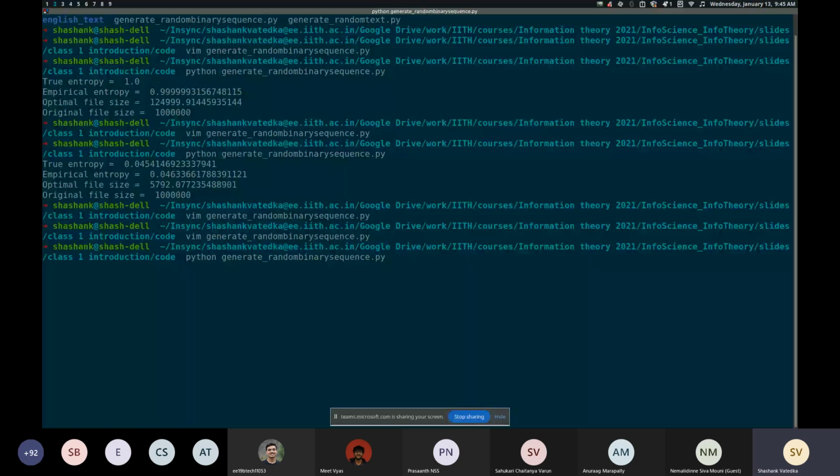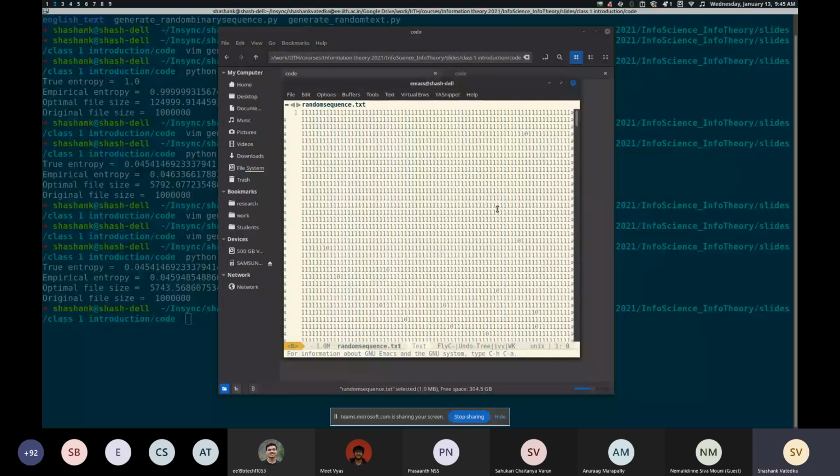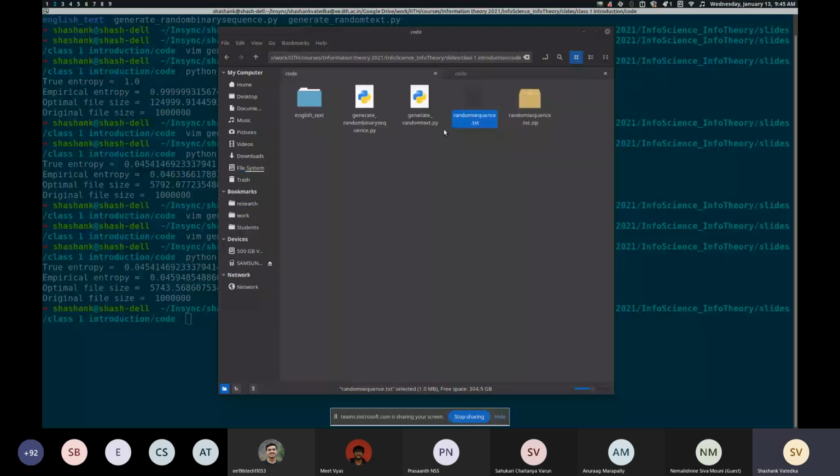Okay, so it's 0.995 now, and this is what the text file looks like. So it's mostly ones and maybe a very small number of zeros in between. Let's compress this. I'm still getting 12.8 kilobytes.